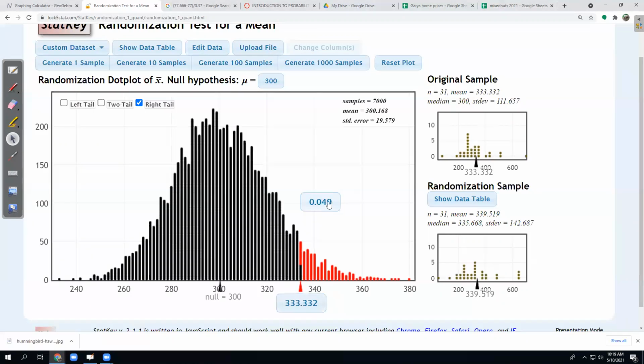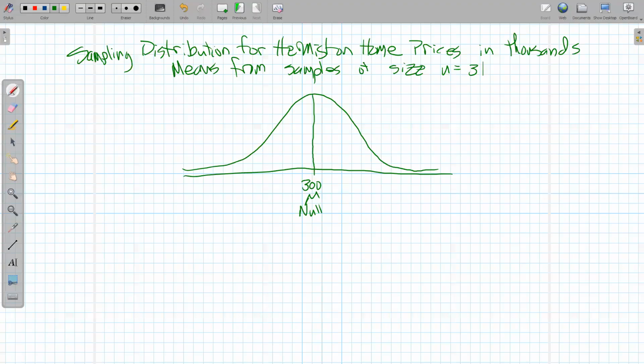So what does that mean here? It means of these 7,000 average home prices, 4.9% of them had means that were higher than my sample. So that's what a p-value is in this case. I'm getting a p-value of 4.9% out here in the right tail. So let's throw that in our sketch.